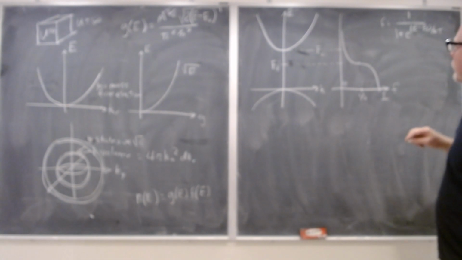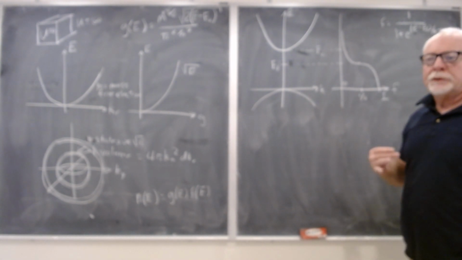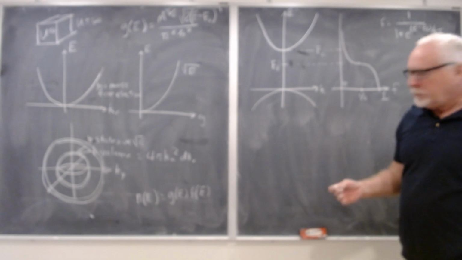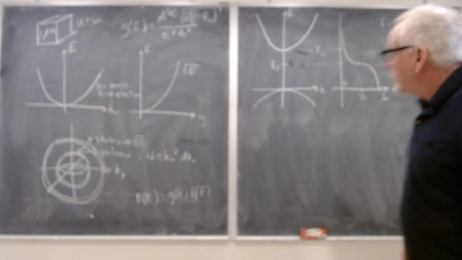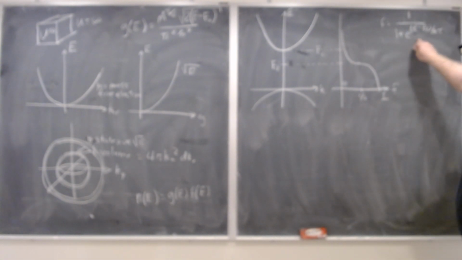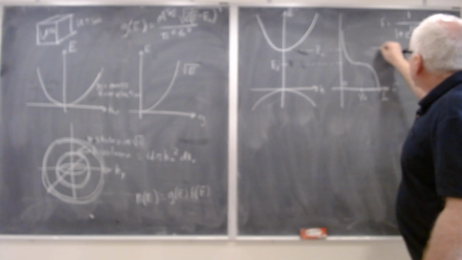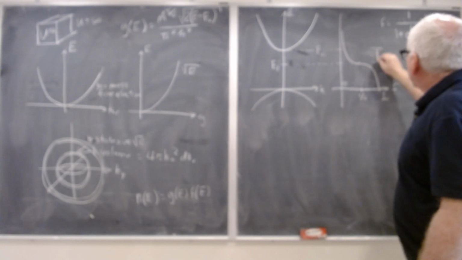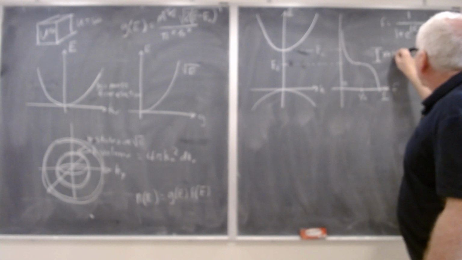Now, in order to come up with the simplest answer for n, because we're going to have to perform the integral of this, we want to simplify f, and we can do that as long as this energy is much greater than kT.